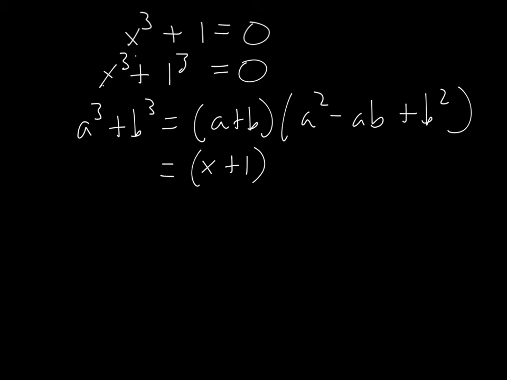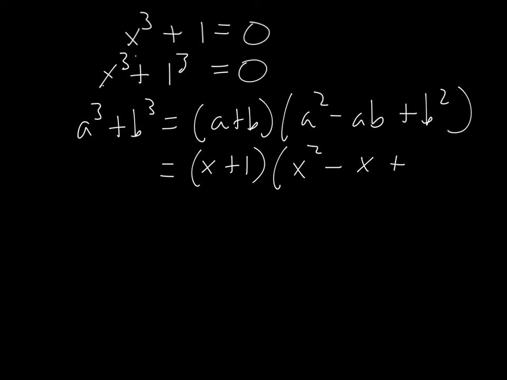So for this problem, that means it equals x plus 1, because a is x, and b is 1. So a plus b is x plus 1. Then we have x squared minus, and then it's going to be 1 times x, or x times 1, because the a and the b are x and 1. So 1 times x is x, so we're just going to write x, and then plus b squared.